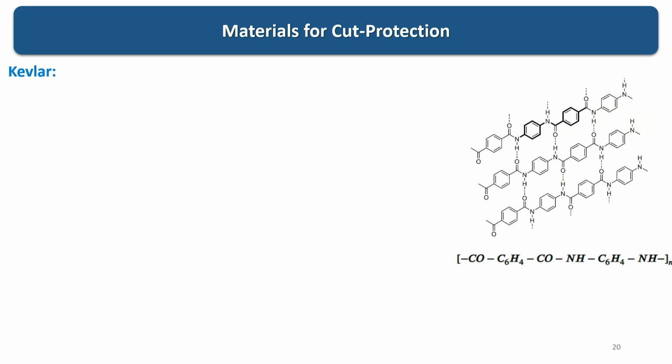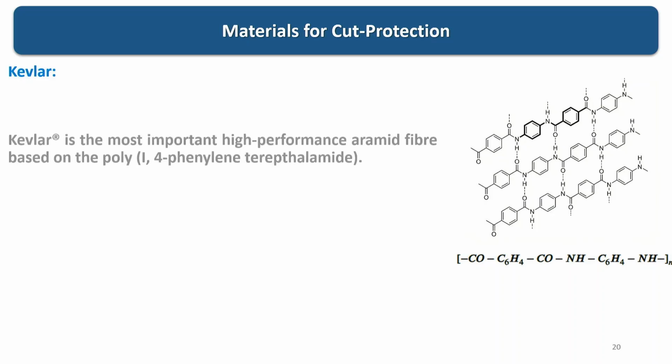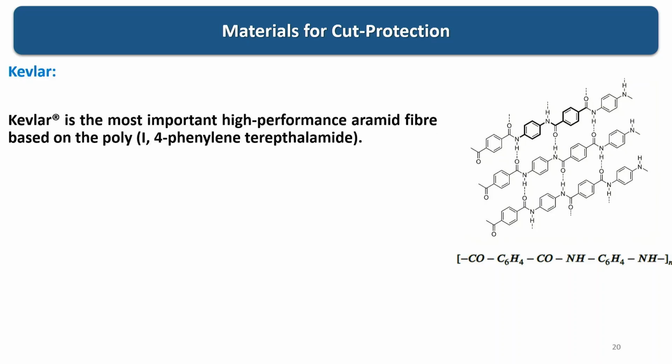So, para-aramid like Kevlar, which was developed by DuPont, has very high strength. It is the most important high performance aramid fiber used in many high performance applications, including cut protection.